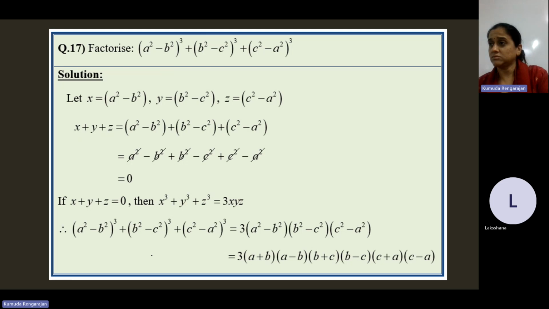No, that is a squared minus b squared. What is a minus b the whole square? It is a squared minus 2ab plus b squared.